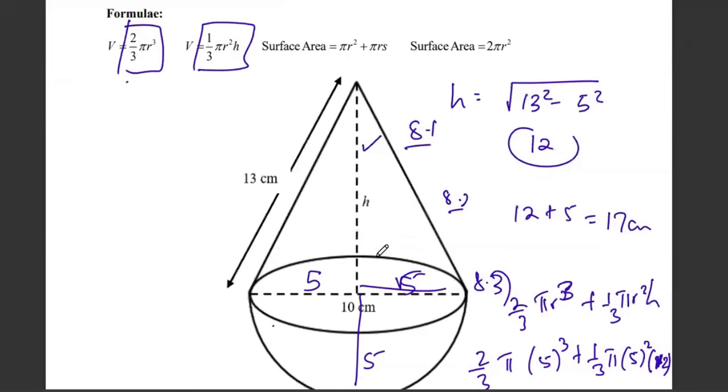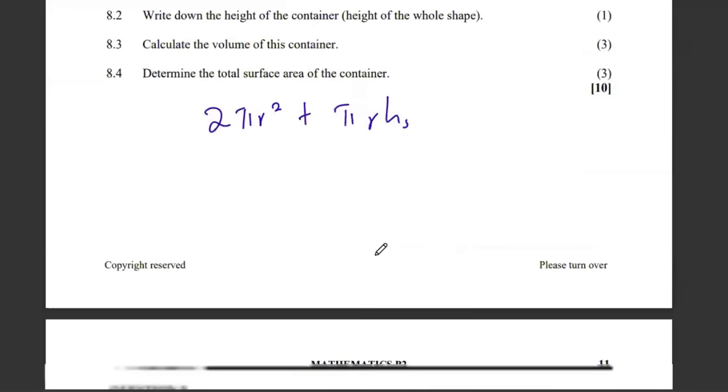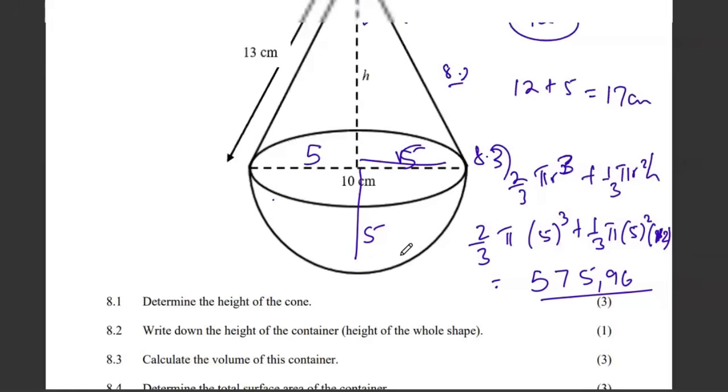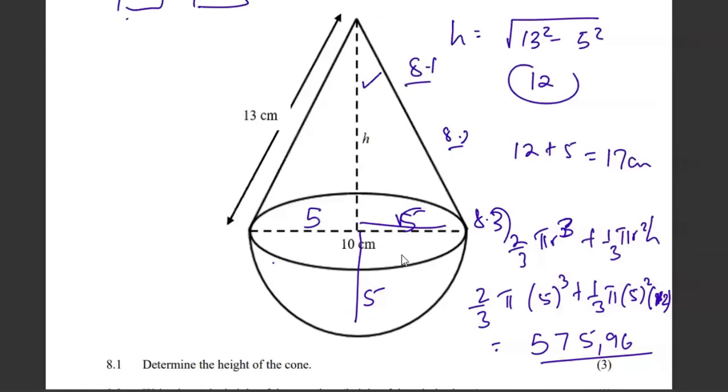Okay. So what does that give us? It's going to be 2 pi, the radius is 5, plus pi, the radius is 5, multiplied by the slant height, which is 13. Because remember, we're looking at this as a cone, because it's a conical shape.